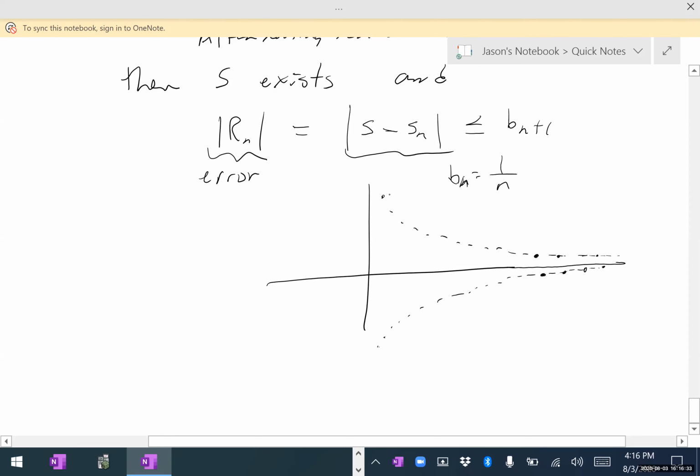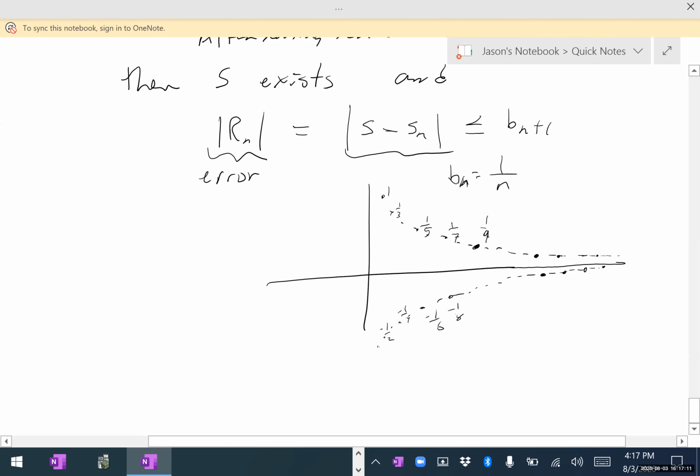It starts at 1, but then it goes down to -1/2, and then it goes up to 1/3, and then down to -1/4, and then up to 1/5, and then down to -1/6, and then up to 1/7, and then down to -1/8, and then up to 1/9.